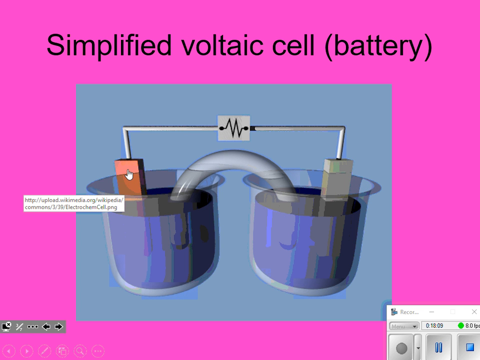If copper is reduced, it is the cathode. So if I were to label it, this compartment right here is the cathode compartment. Zinc was oxidized. If you're oxidized, you're the anode compartment right here. So labeling this is part of what we will have to do. Again, there's more that we're going to do with it, but that's part of it.